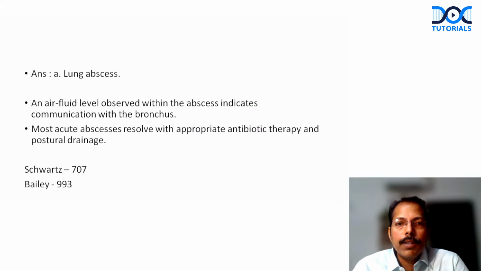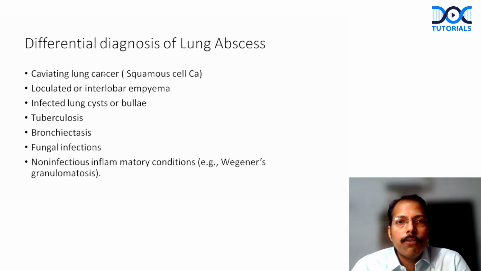An air fluid level observed within the abscess indicates communication with the bronchus. And you have to note again, most abscesses resolve with appropriate antibiotic therapy and postural drainage. What is the DD of a lung abscess? It can be a malignancy, not all malignancies.